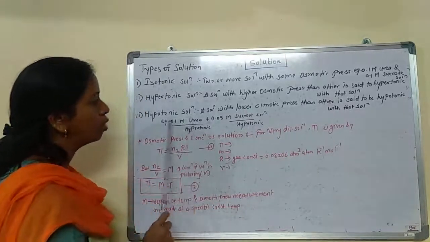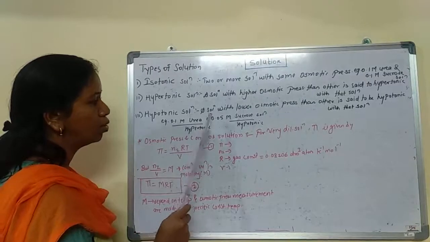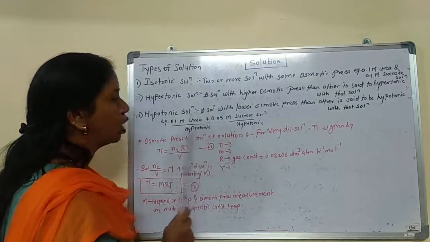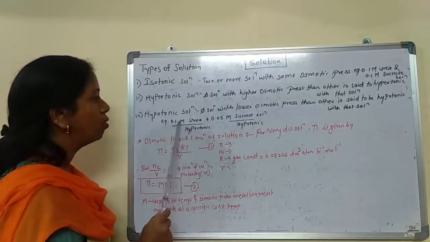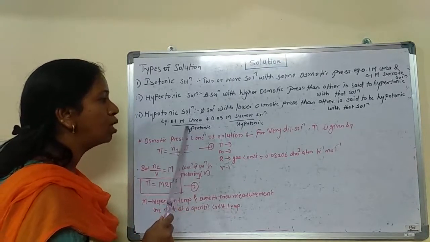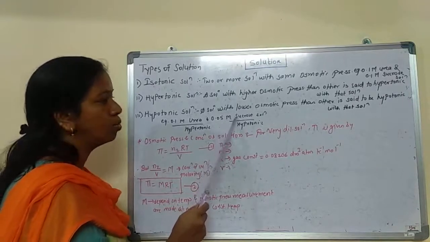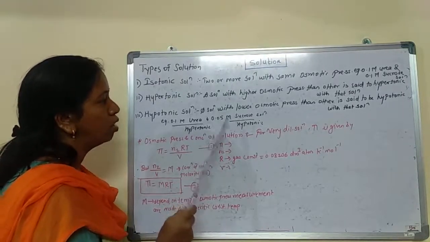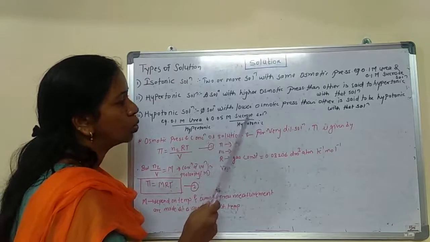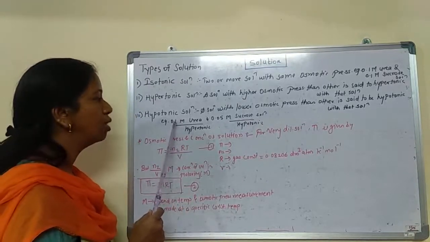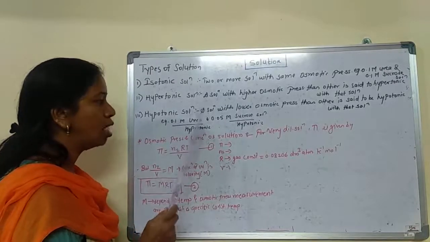For example, we take a 0.1 molar urea solution and a 0.05 molar sucrose solution. When we compare these two, the 0.1 molar urea solution is hypertonic over the 0.05 molar sucrose solution, or the 0.05 molar sucrose solution is hypotonic to the 0.1 molar urea solution.